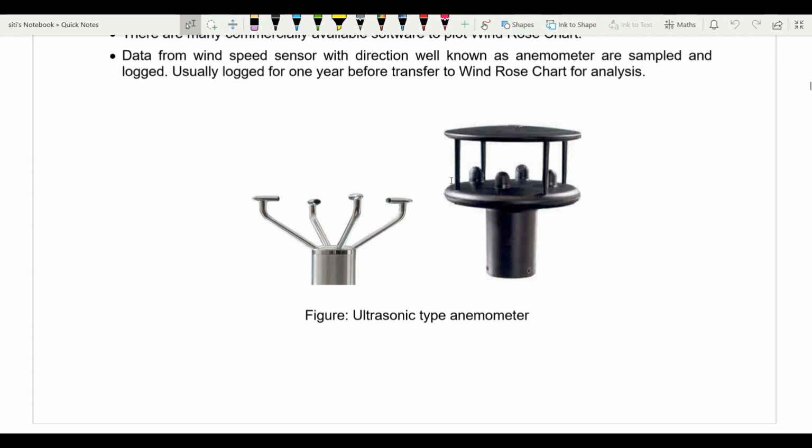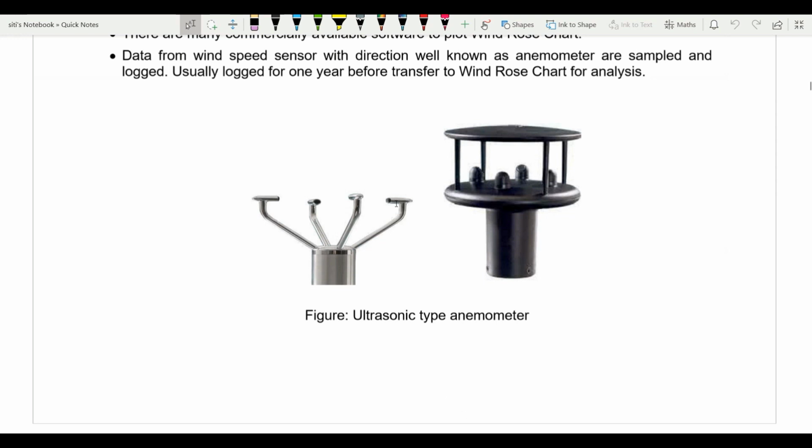Here in the figure we have 4 transducers. These 4 transducers will measure the wind speed and the wind direction. This technology uses ultrasonic wind speed measurement technology.